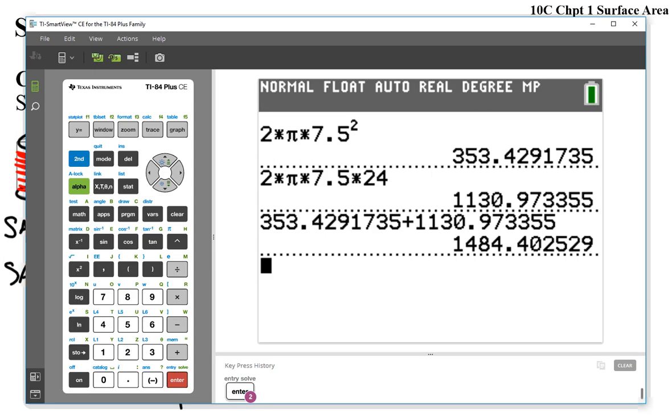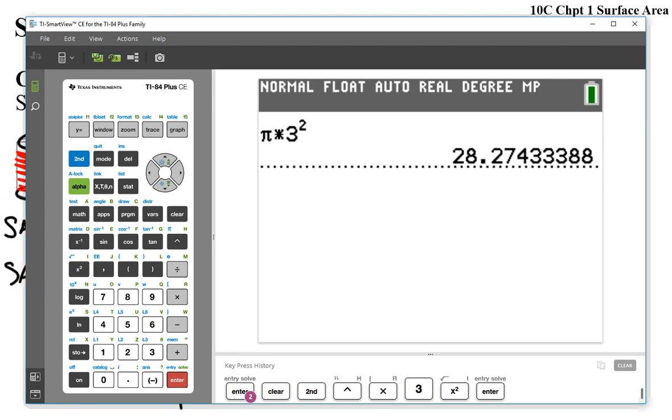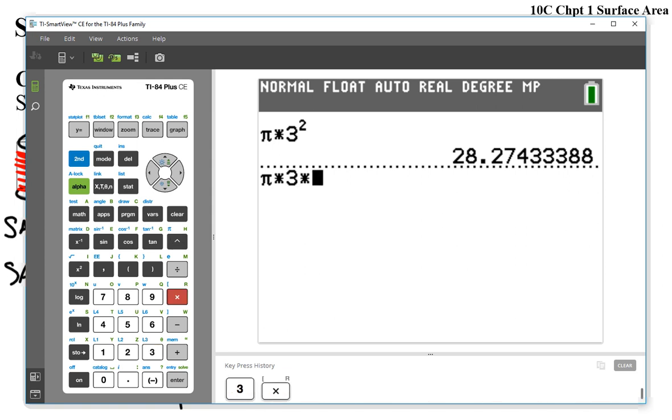Go back to our calculator, practice with the pi. Second function, pi times the radius, which was 3, and we want to square that. So pi r squared. And then we want pi times r s. The radius is 3, and our slant height was 11.